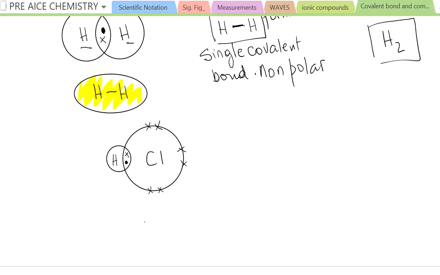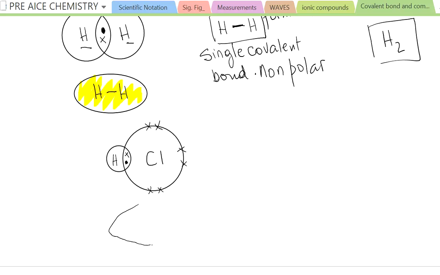Is that okay? Now, there is something here that is different. Do you think the hydrogen is going to have the same force as the chlorine to attract those electrons? No. Actually, the chlorine is more electronegative. So if we draw the molecule, I'm going to do it without those shapes because it's a weird shape.